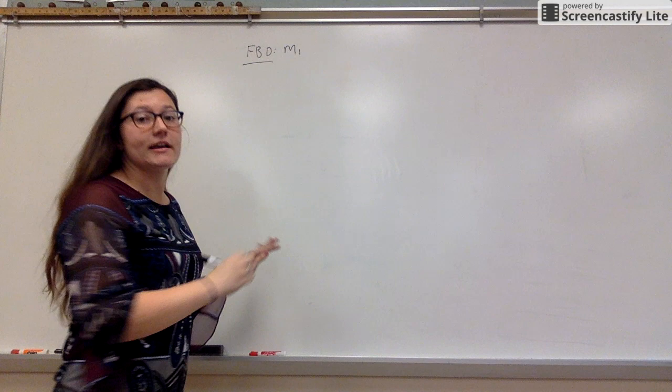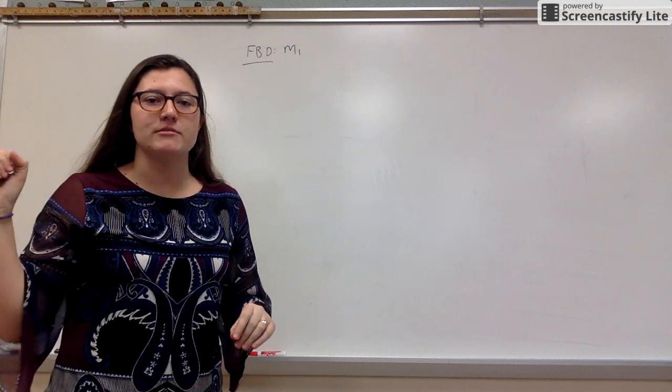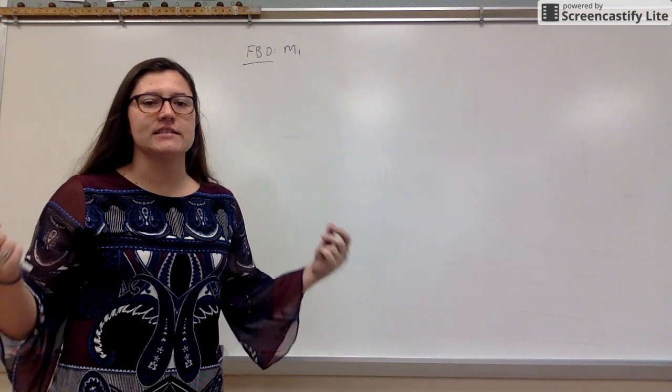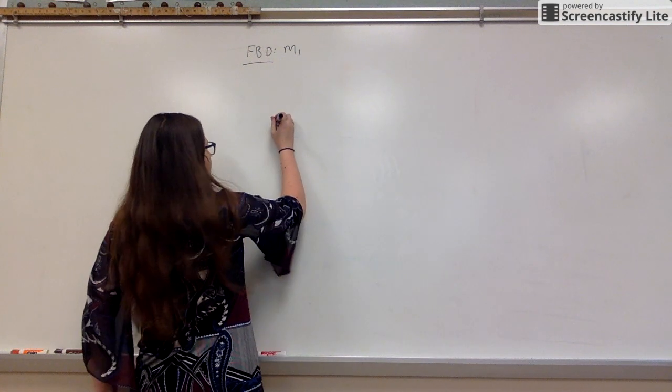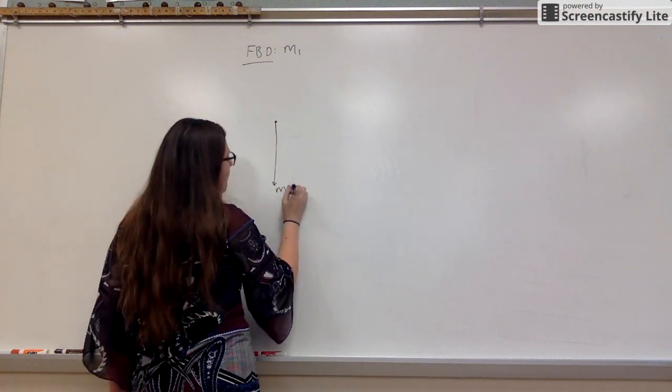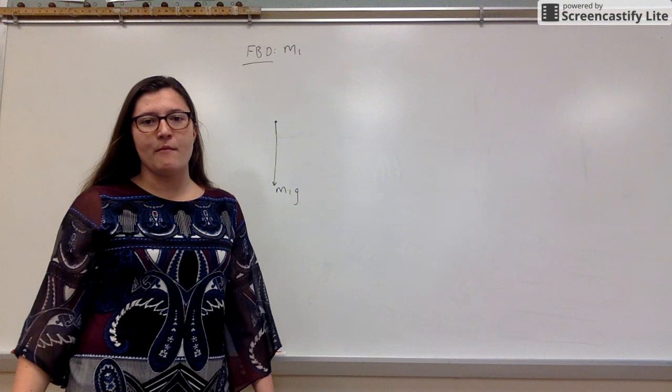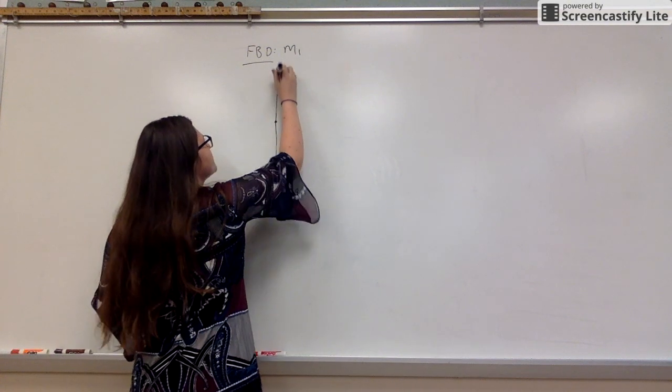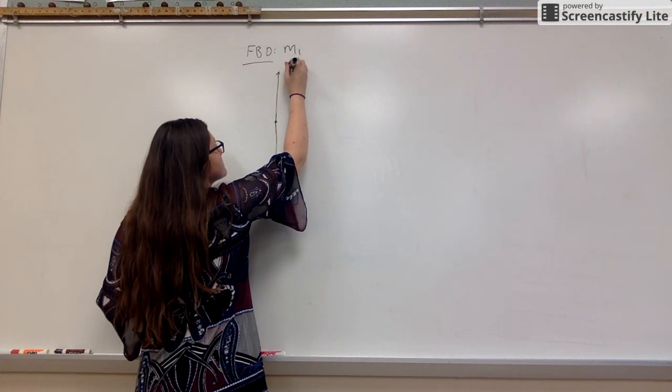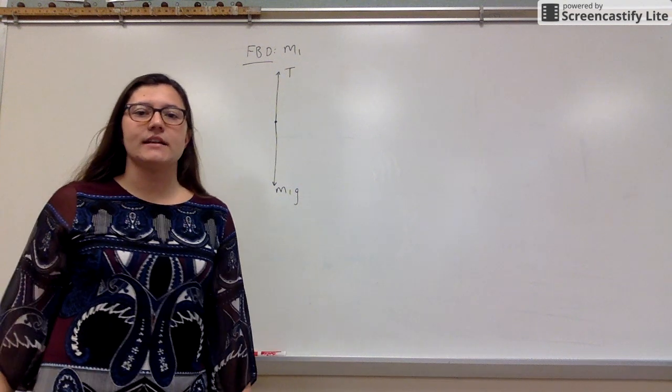We're going to represent the object using a point and draw the forces acting on the object. So the force of gravity, M1G, and T, the tension in the rope.